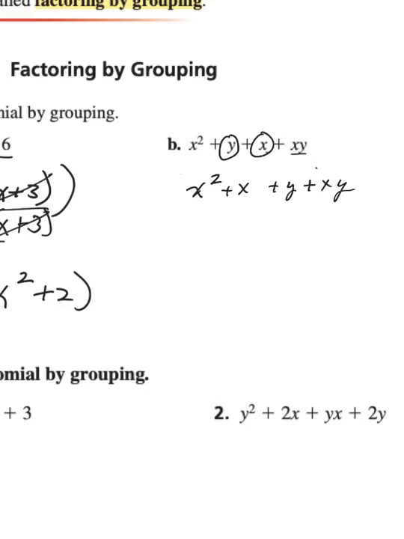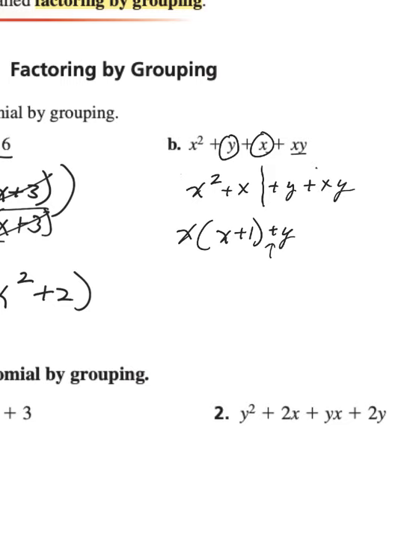Okay, so let's go ahead and try this one. Well, now this one has a common factor. The left side does have a common factor of x. And we divide each of those terms by x. We get x plus 1. And over here, we have a common factor of y. And I'm going to write it as plus y, because I find that if you put the plus sign there, it makes more sense later on.